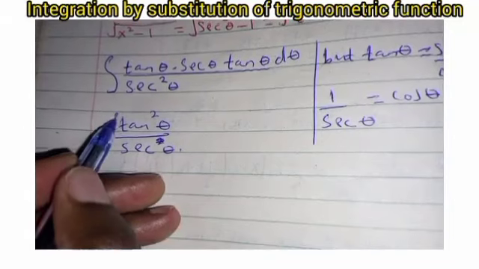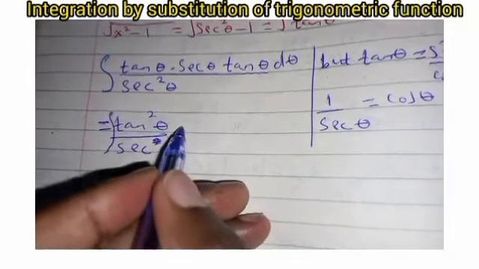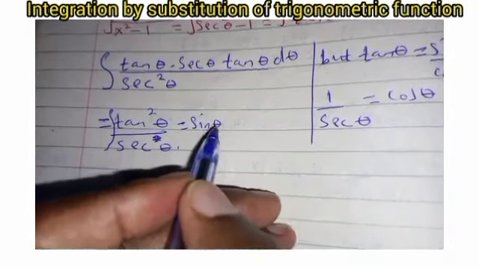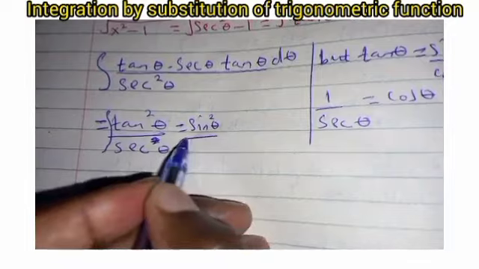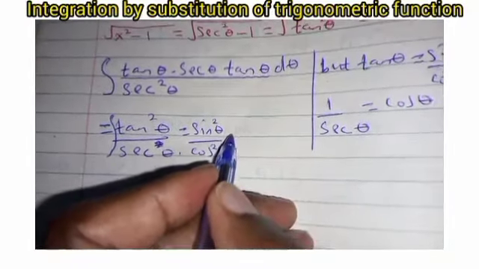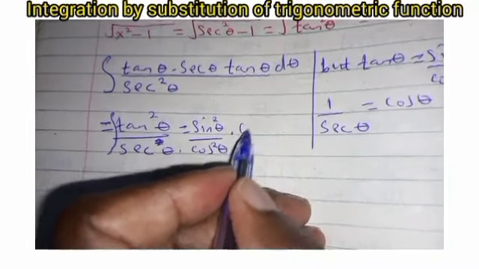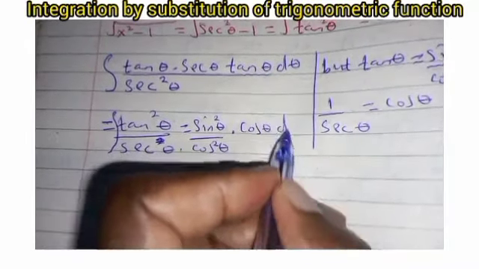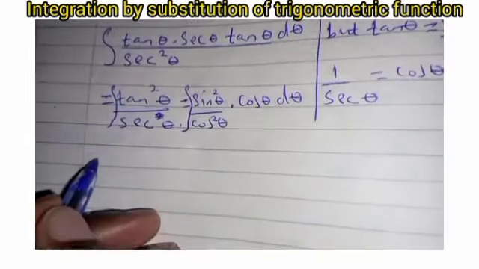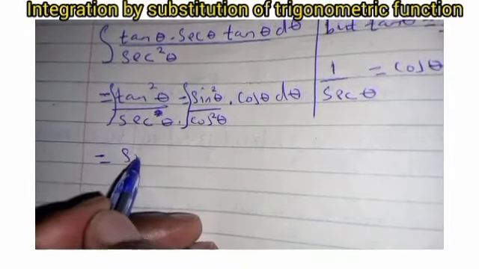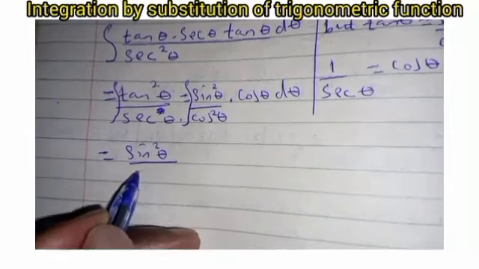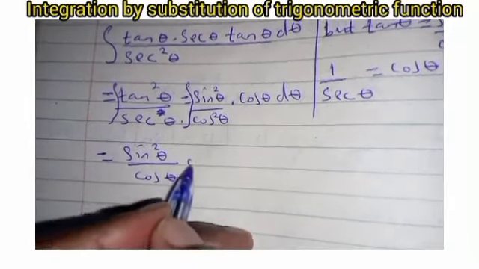So this is the integral, which is equal to sine theta squared divided by cos theta squared multiplied by cos theta d theta, integral, which is equal to sine theta squared over cos theta d theta.